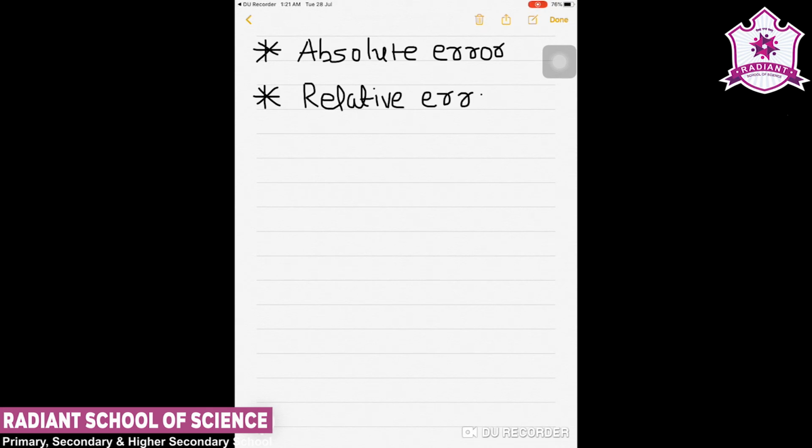Now in the process of minimizing the least count error, we will consider the part of it as an absolute error, then we can say the relative error, and the percentage error.